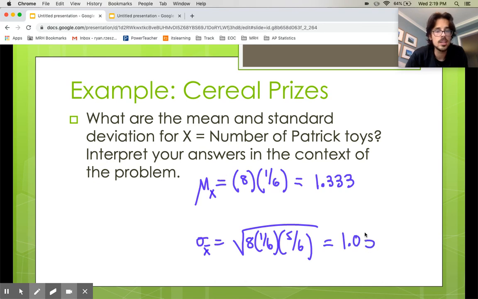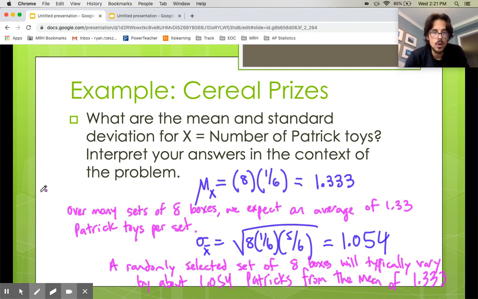So if you have a randomly selected set of 8 boxes of cereal, the number of Patrick toys is typically going to deviate by about 1.05 toys from the mean of 1.3. So I'll slap those answers up, and then we are done with our section.